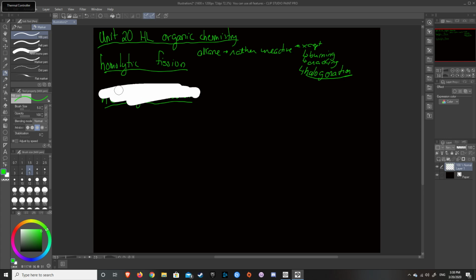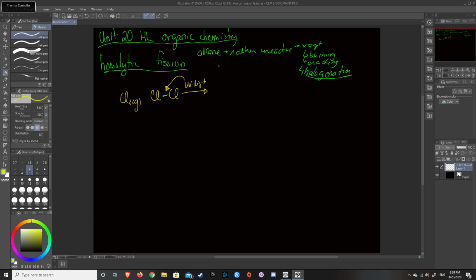I'm just going to erase this for now, and we're going to do that a little bit down at the bottom. So basically what occurs, we've got homolytic fission. We've got chlorine gas, Cl2. In our halogenation reactions, it was a free radical substitution reaction. What's actually occurring is that we hit chlorine with UV light, and this UV light is proportional to the bond energy holding the chlorine together, that sigma bond energy.